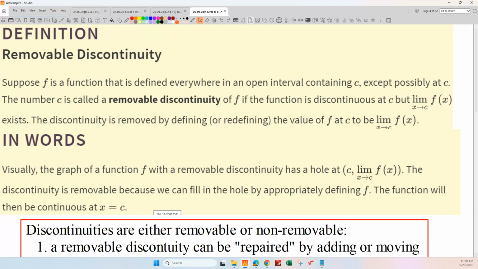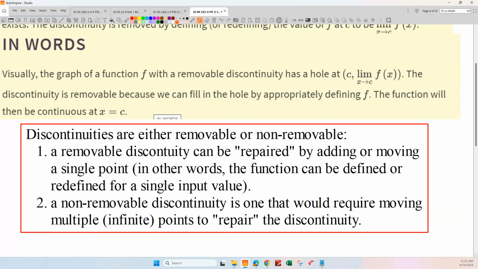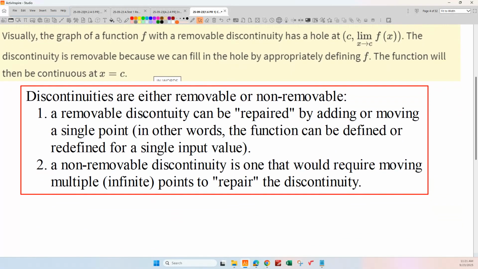Okay, we say that a more important distinction is whether it's removable or non-removable. A removable discontinuity is one that can be repaired by filling in or redefining the function at a single point. So it would be of the point discontinuity variety, right? A removable discontinuity is a point discontinuity. It can be repaired by adding or moving a single point, okay?